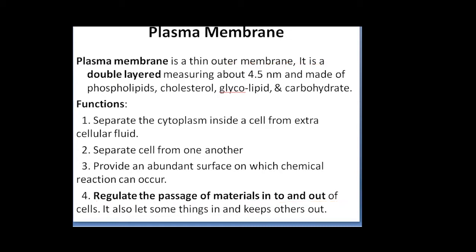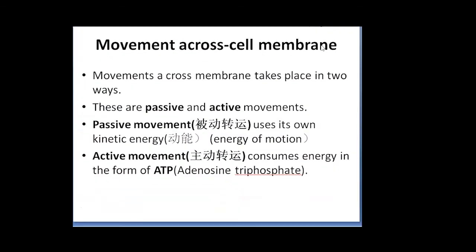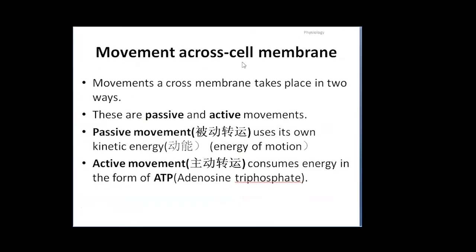Then we discuss some detail about it. The chemicals or materials passing through the cell's membranes basically have two ways, which are separated into two big ways.